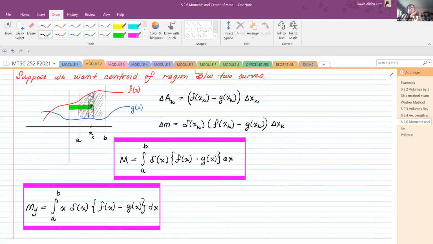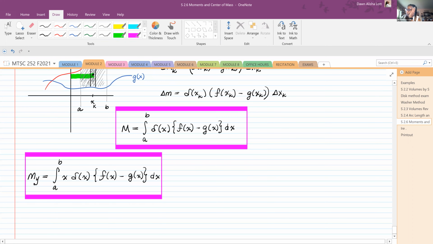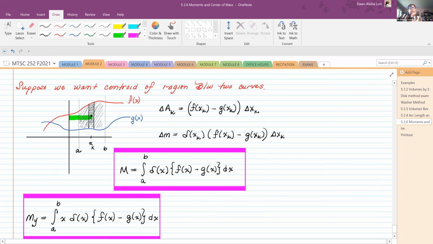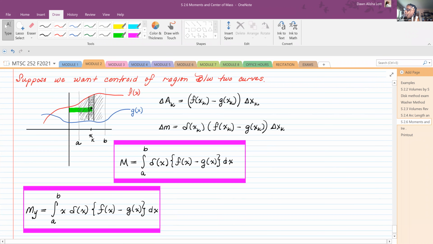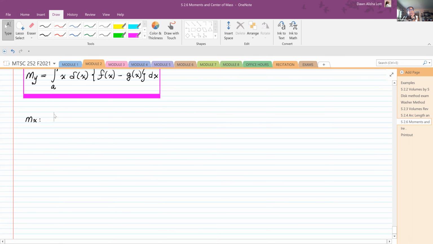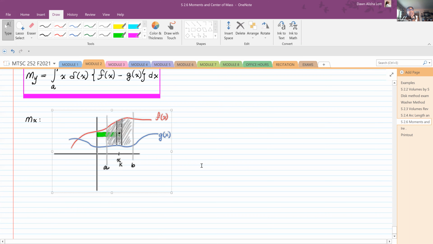All right. So the reason why Mx is difficult is because now I got to take this same picture and I have to figure out how far this thing is from the x-axis.